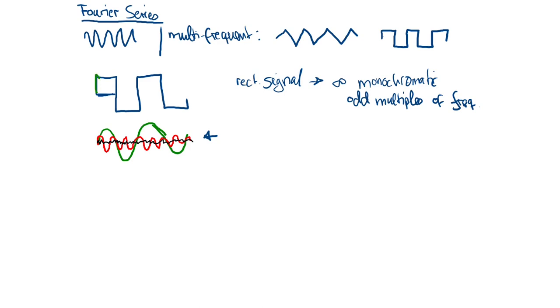This looks something like this. This already comes very close to our rectangular signal. But if you imagine that an indefinite number of the odd multiples of the monochromatic signals superimpose, then you get a perfect rectangular shape.